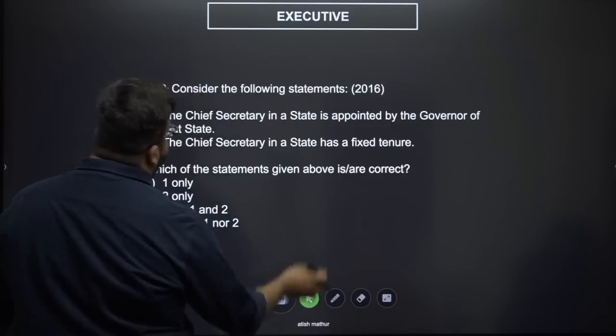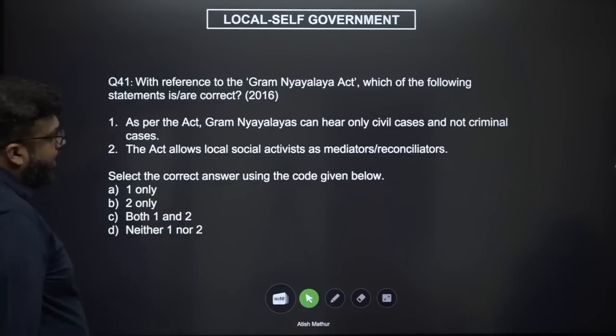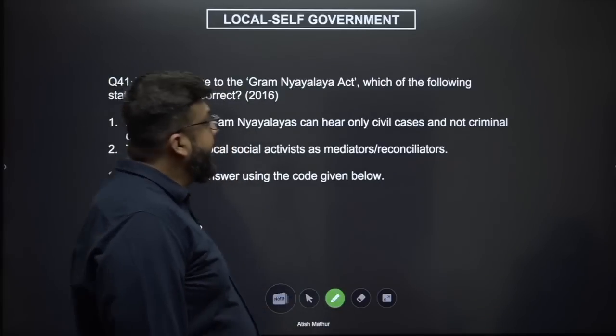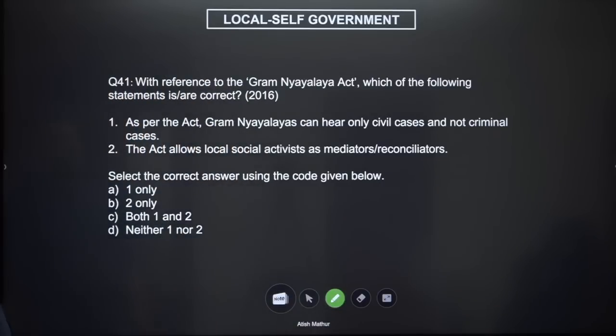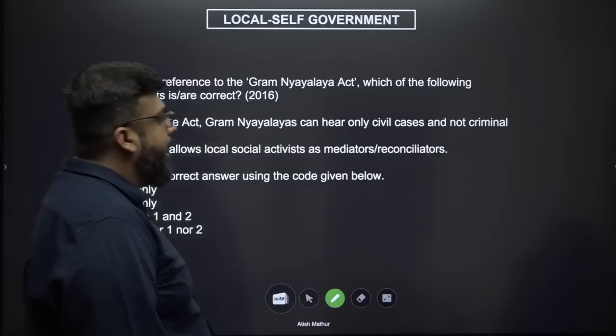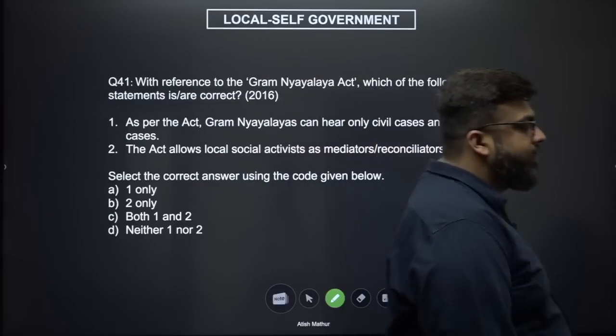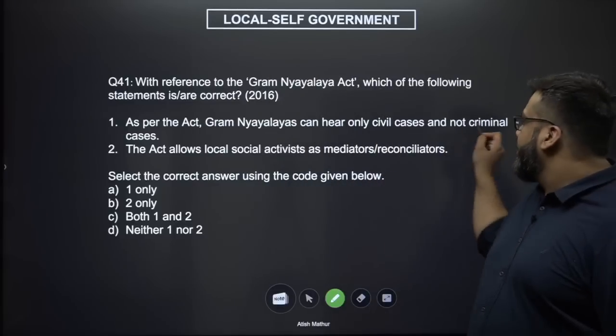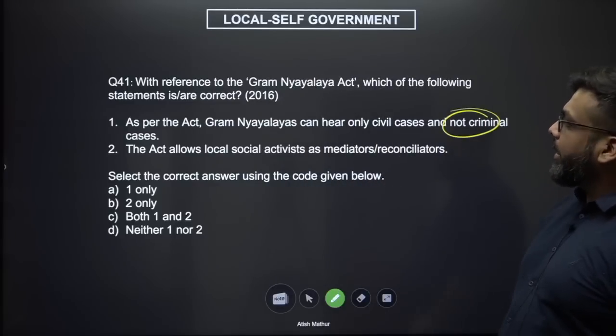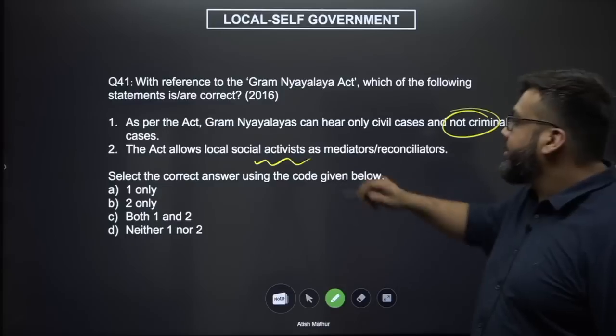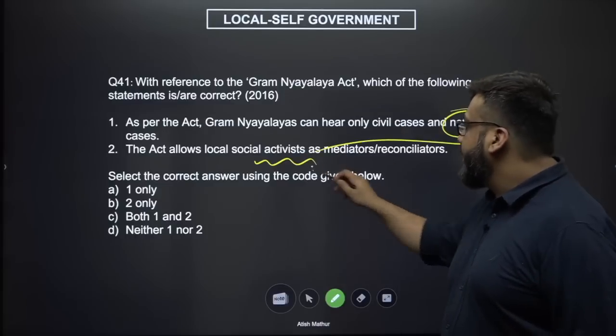Okay. With reference to the Gram Nyayalaya Act, which of the following statements is or are correct? Now, as per the Act, Gram Nyayalayas can only hear civil cases and not criminal cases. The Act allows social activists as mediators or reconciliators.